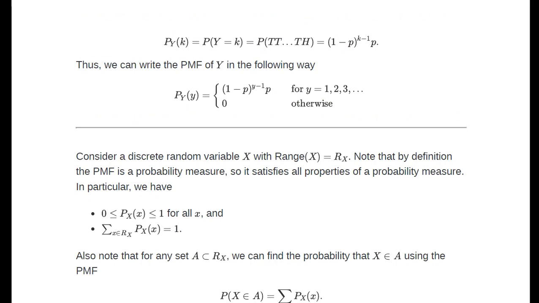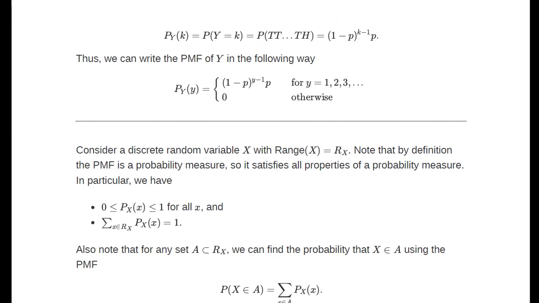Thus we can write the PMF of Y in the following way: P_Y(y) equals (1 minus p) to the power y minus 1 times p for y equal 1, 2, 3, and so on, and 0 otherwise.